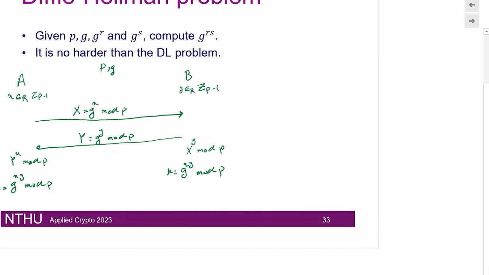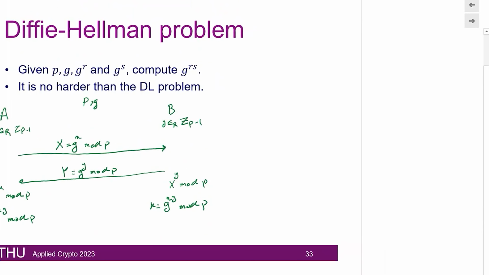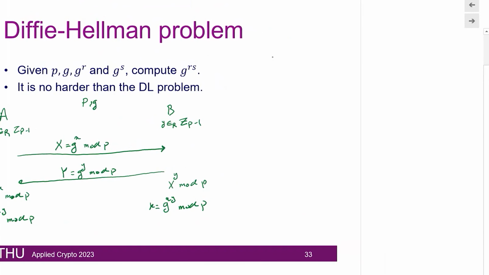So talking about this reduction, we can reduce the Diffie-Hellman problem in polynomial time to the discrete logarithm problem.